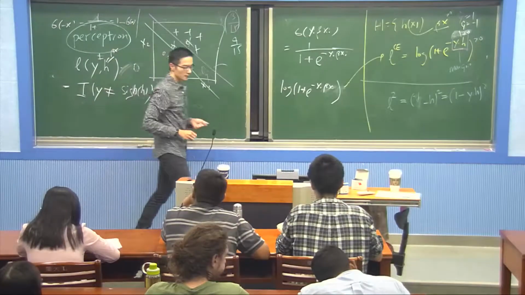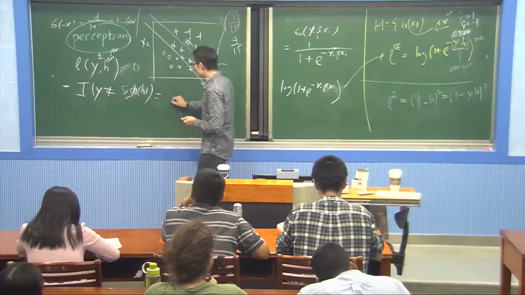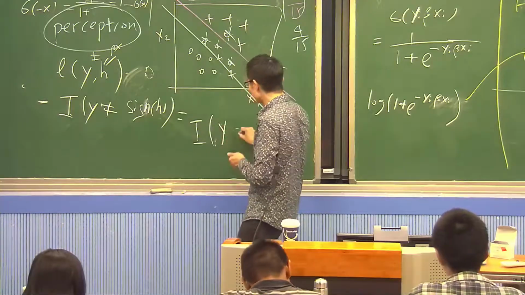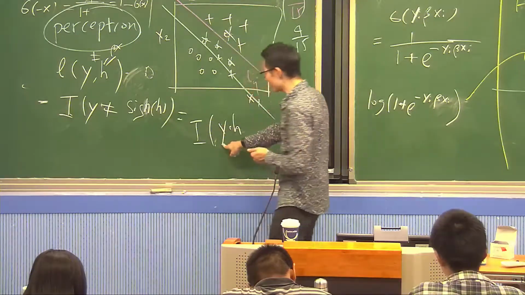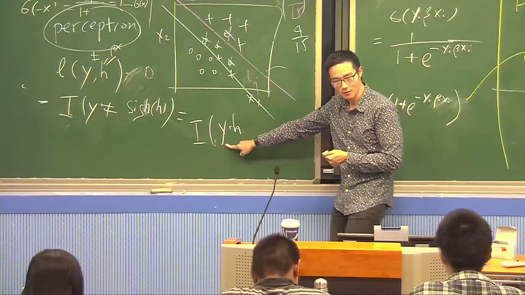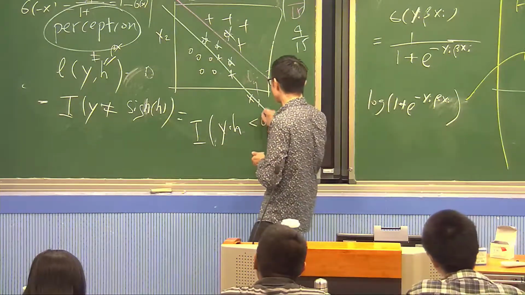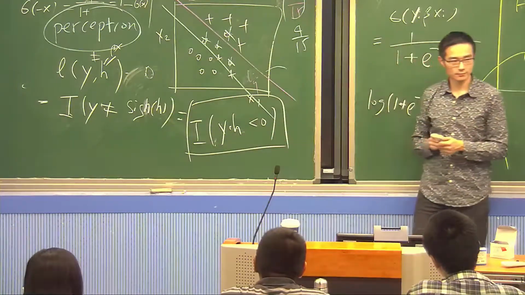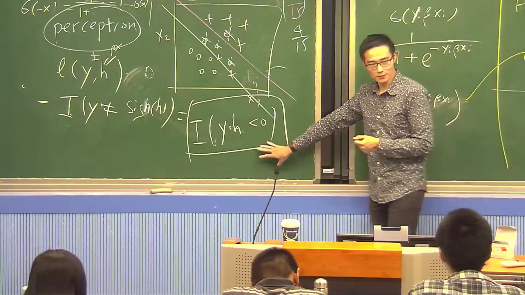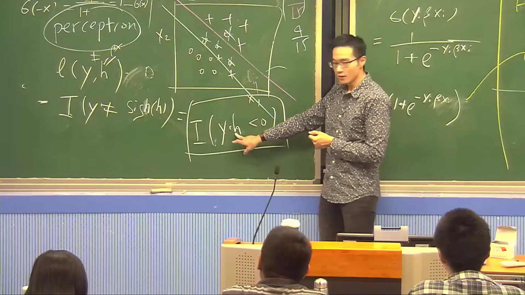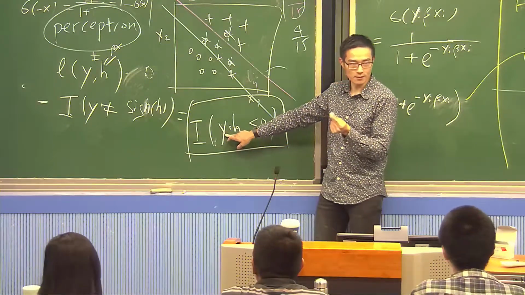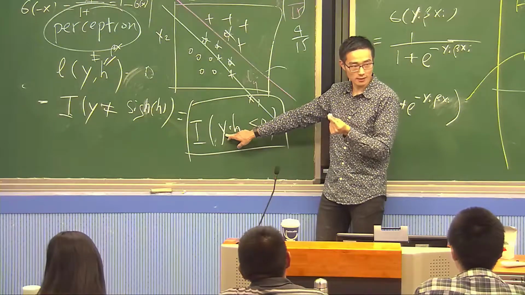But there's another way to write it, which is the indicator of whether y times h, this is our margin, is smaller than 0. I hope people can immediately follow, because if h is larger than 0 and y is equal to 1, that means our classification is correct.